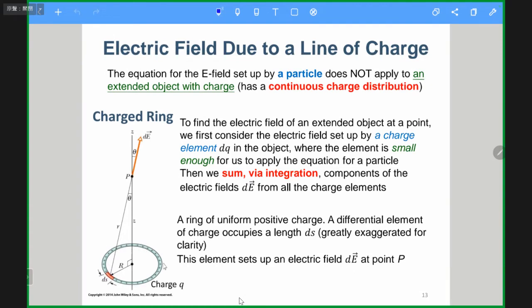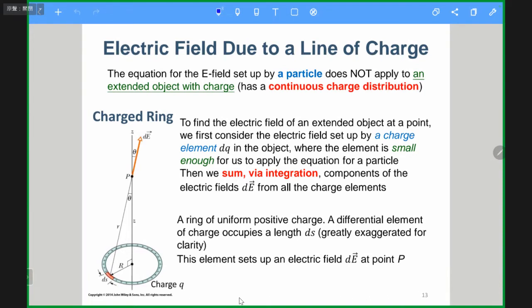The charges are distributed uniformly or continuously, so you cannot count them one by one. Of course, it is not an infinite amount of charge, but you cannot really count it one by one. So in this sense, we need to use calculus.